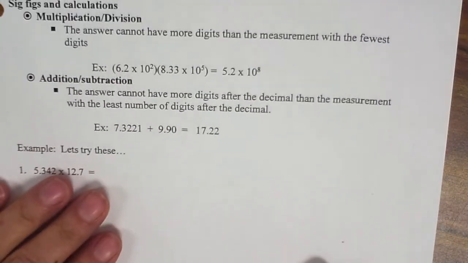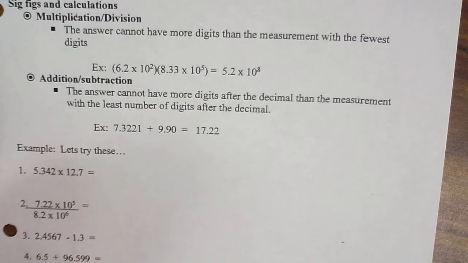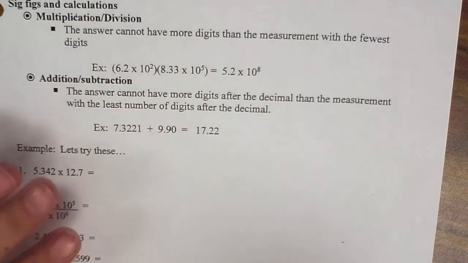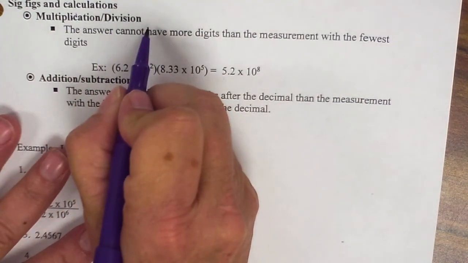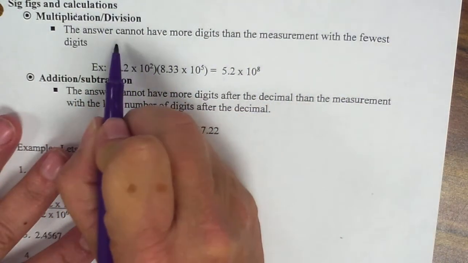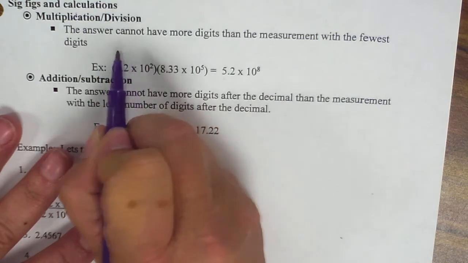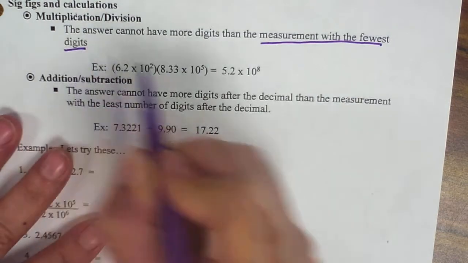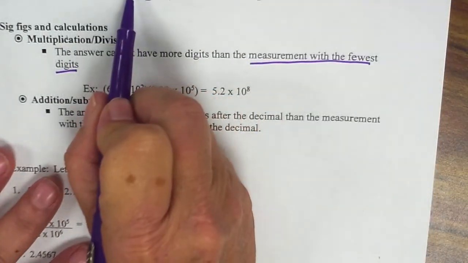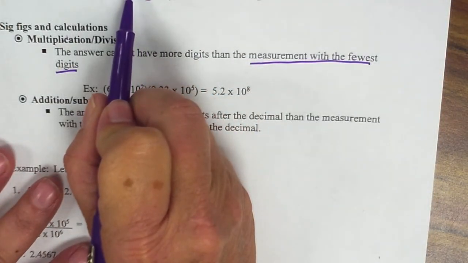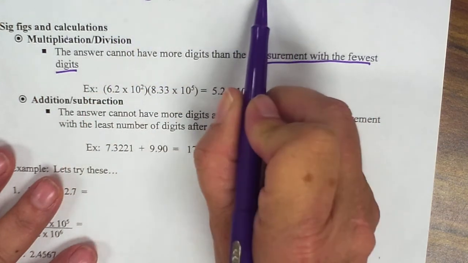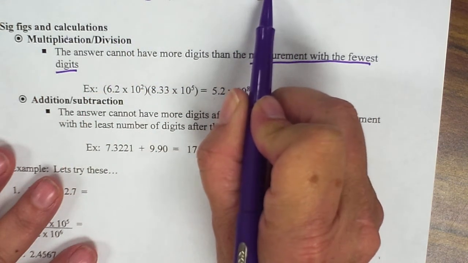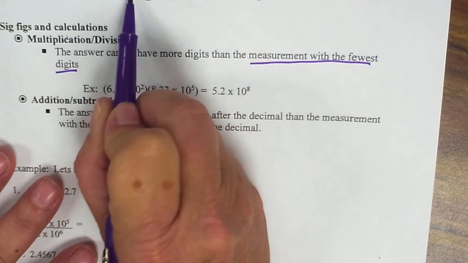So we have multiplication, division, and addition and subtraction. Two different rules. The first one, multiplication, division: the answer to the problem cannot have more digits than the measurement with the fewest digits. Oh, well, that makes sense, because this one has one significant digit, and this one has two. So your answer can't have more than one digit.